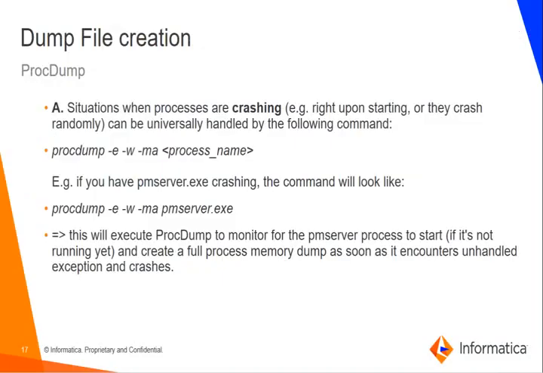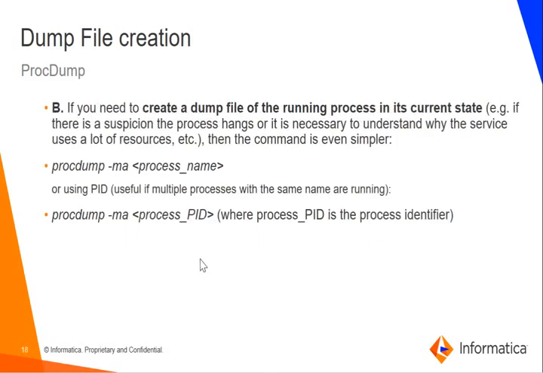That command will execute ProcDump to monitor for the process to start if it's not running, and create a full process memory dump as soon as it encounters an unhandled exception. And this is the second case, when the process hangs. ProcDump will monitor the process, and when it hangs, it will create a dump.